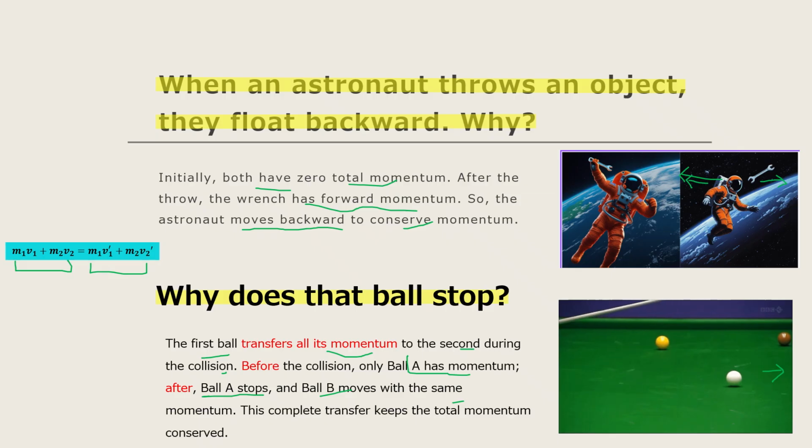So in this way, the total momentum is conserved because of this complete transfer to the second ball. But in this picture, you see that the first ball is still moving a little bit. So you cannot say that it is completely transferred, but almost all of the momentum is transferred to the second ball.